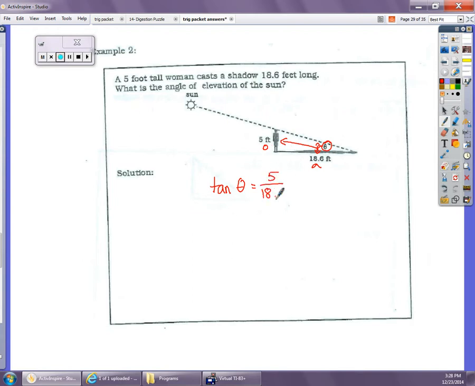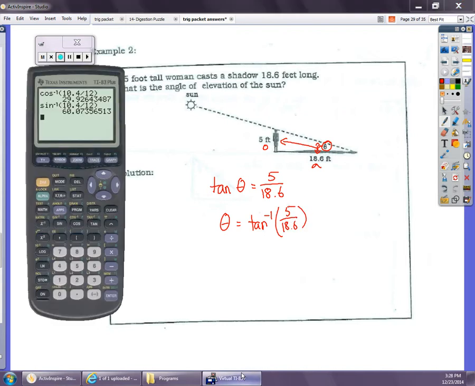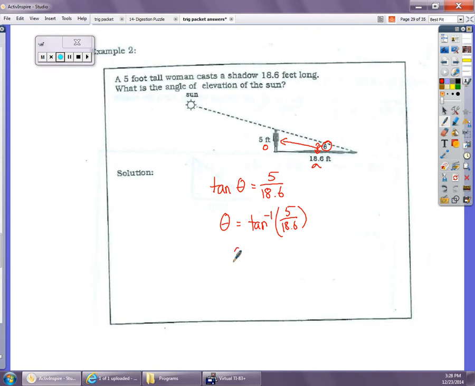Adjacent is 18.6. So to find this, our angle is going to be the inverse tangent of 5 over 18.6. So you simply do second tan 5 divided by 18.6. Enter, and it gives us about 15.05 degrees.